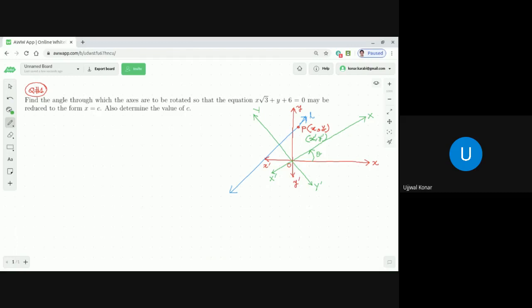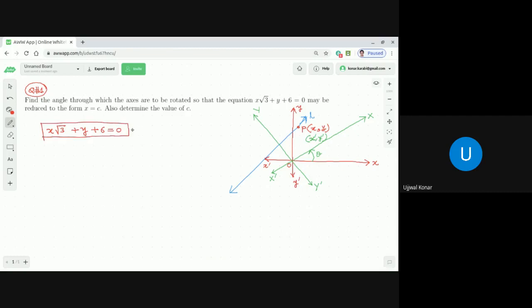The question is, due to this rotation, what is the equation now? Let me write it in red color. The equation is x into root 3 plus y plus 6 equal to 0. This is the original equation of a straight line, right?